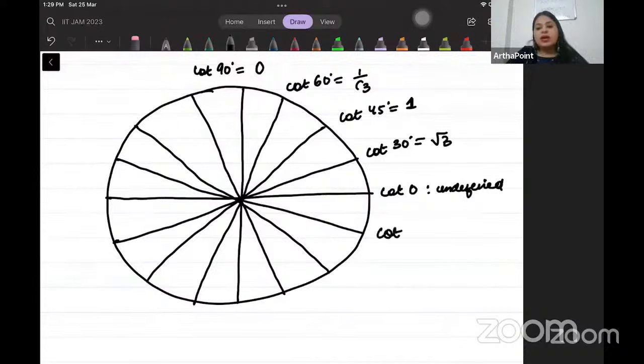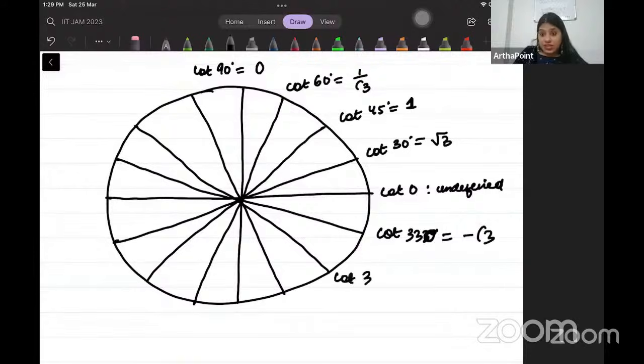One more thing: even if you remember this for one of sine and cos, then you can do it for others. You can do sine by cos, you can do it for tan, then 1 by tan, you can do it for cot, etc. So then cot 330 is going to be minus root 3.